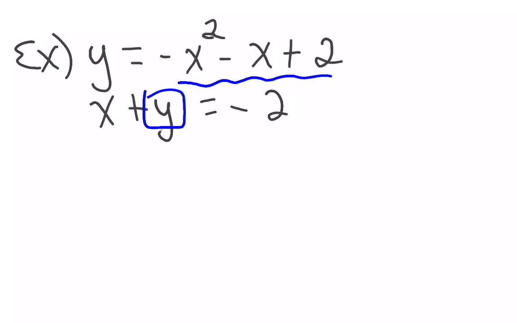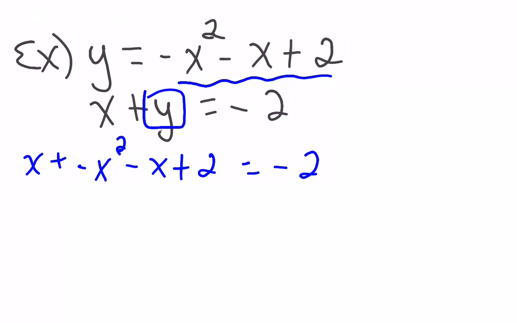So let's go ahead and do that. I'm going to rewrite the second one, but instead of y, I'm going to put in that top equation. So x plus negative x squared minus x plus 2, and that equals negative 2. And now I can solve it.